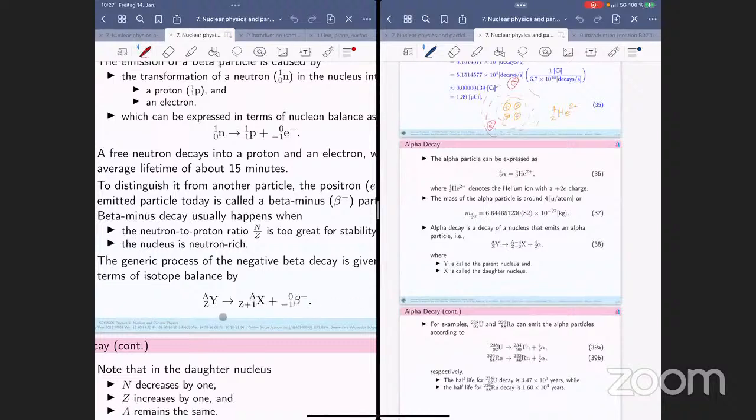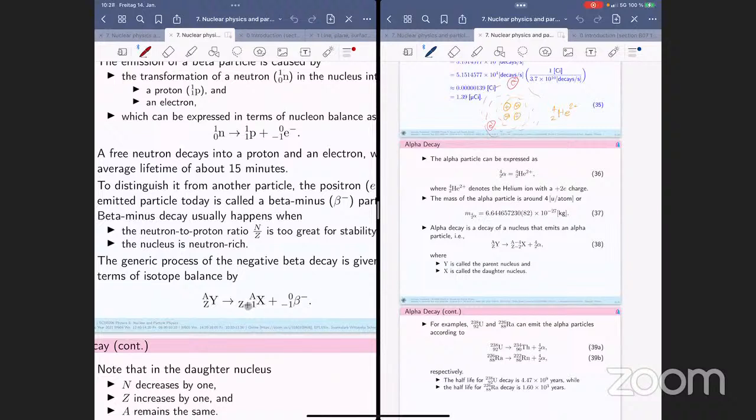It just changes to another element which has one more proton, and the number of nucleons is the same, because once the neutron is converted to a proton, it just stays inside the nucleus. So the number of nucleons remains the same, but the number of protons has changed. The atomic number has changed.